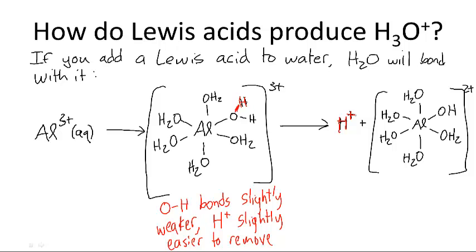So that Lewis definition that doesn't seem to have anything to do with H plus, turns out if you put a Lewis acid in water, because the Lewis acid bonds to water and then weakens the OH bond in water, it actually does produce more H plus.